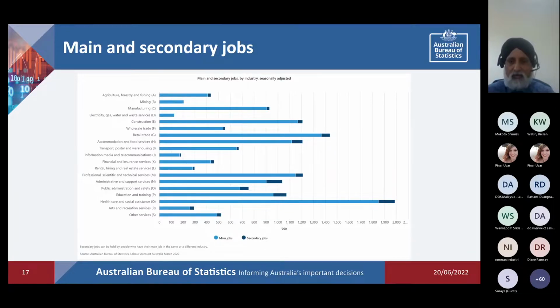You can utilize the information currently available to provide some insights. Especially trying to differentiate between main and secondary jobs has been very vital during the COVID period in Australia, and having the Labour Account actually helped facilitate answering some of the policy questions in a very timely manner.